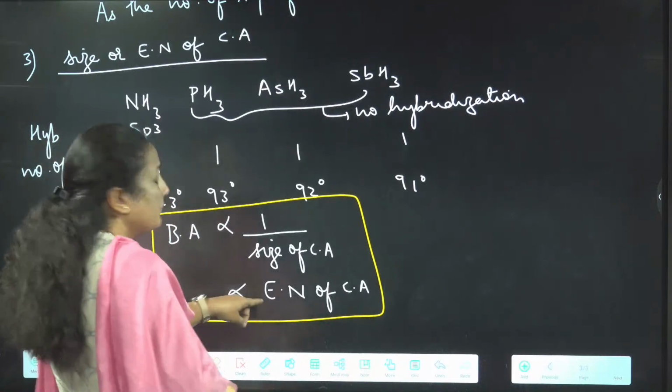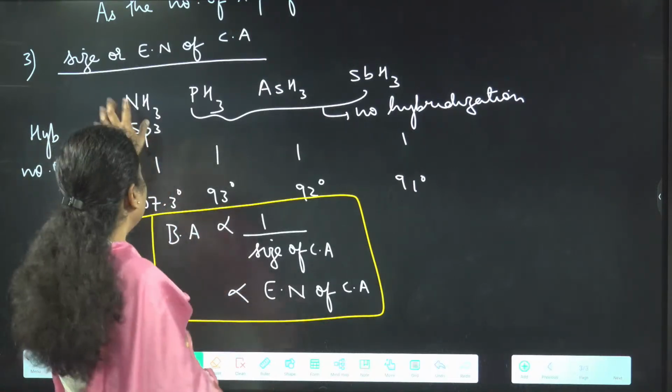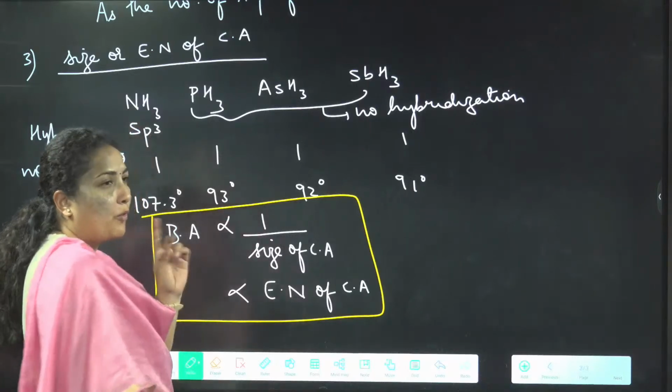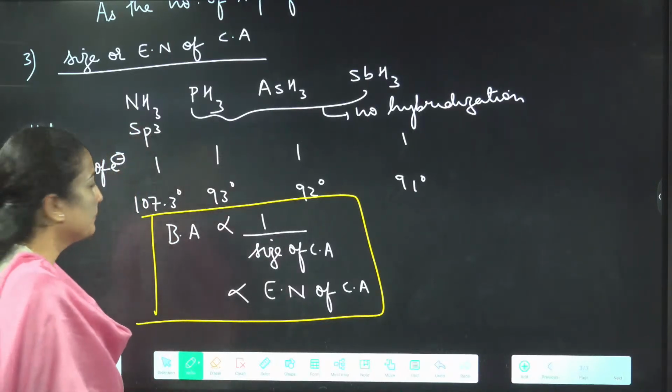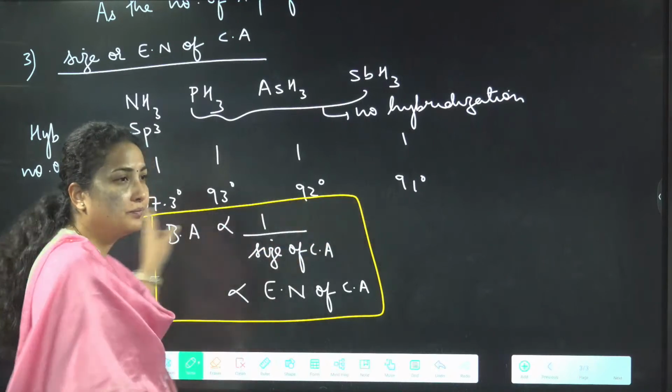So what is happening here? Electronegativity of nitrogen is more, its bond angle is more. Of phosphorus it is less, so bond angle is less. You don't have to remember this. Getting it?